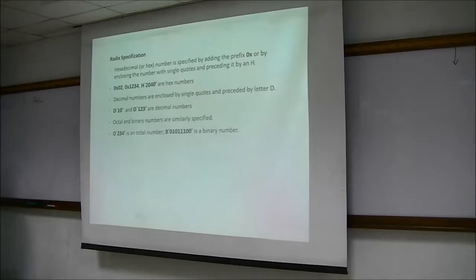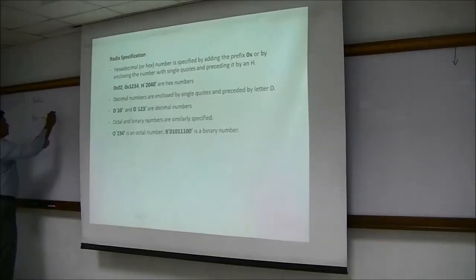Prefix means something you put in front. Postfix is something you put after. So for a hex number, we'll use 0x, not OX. It's 0x. So what does it mean if I put 0x77?